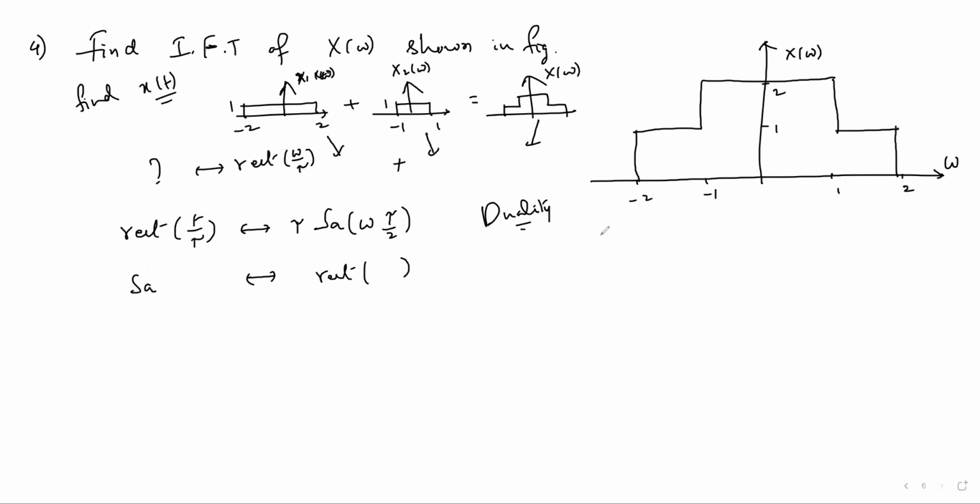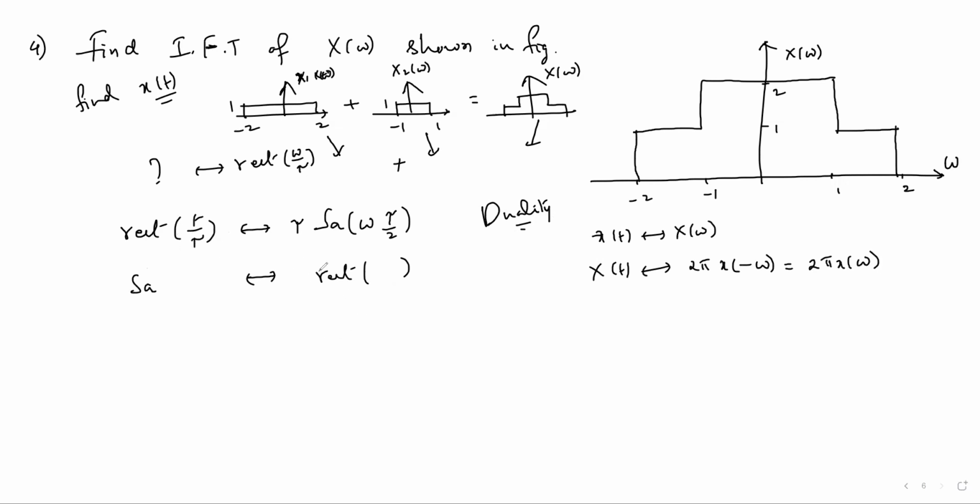So I am writing the duality property statement once again for you here. If x of t has Fourier transform x of omega, then in omega analysis, small x of t goes to 2 pi x of minus omega. Of course, here the rectangular function is symmetric, so you can take 2 pi x of omega directly.